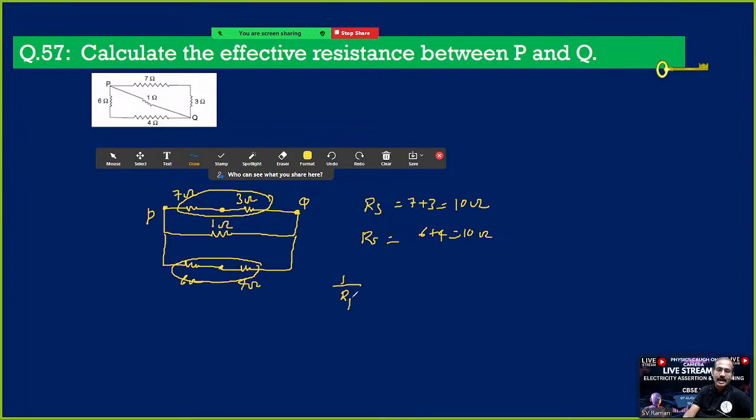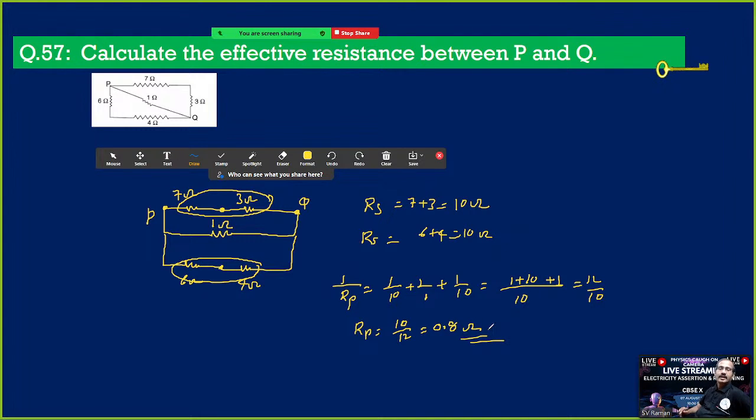So 1 by Rp is equal to 1 by 10 plus 1 by 1 plus 1 by 10. Center one is 1 and the down one is 1 by 10. So finally, take LCM of 10. 1 plus 10 plus 1, 12 by 10. So Rp is equal to 10 by 12, approximately 0.8 ohms.